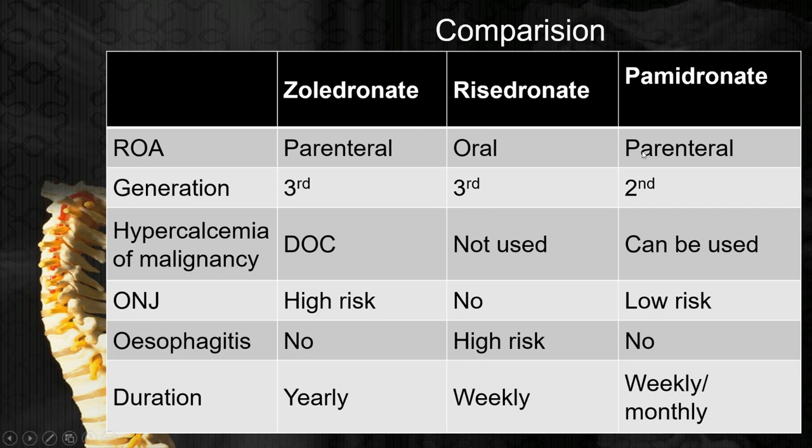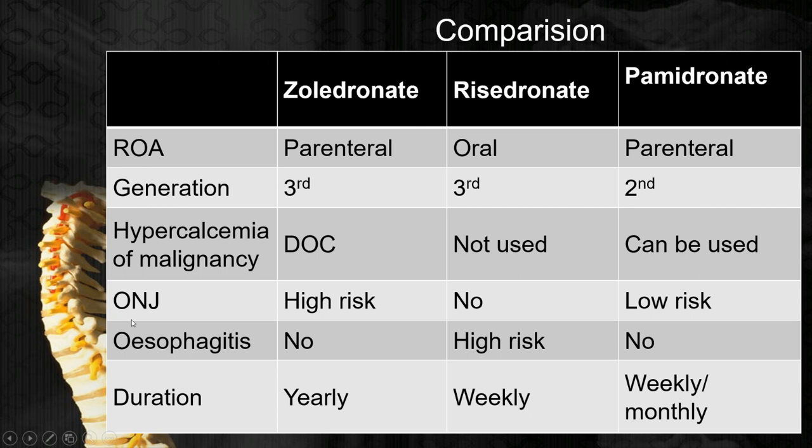Now coming to pamidronate, which is a parenteral second generation bisphosphonate. Zoledronate is majorly used by oncologists to treat hypercalcemia of malignancy, whereas risedronate is not used for that. Pamidronate can be used because of its parenteral route, but the potency is less and it is to be given weekly or monthly, whereas zoledronate can be given once yearly.